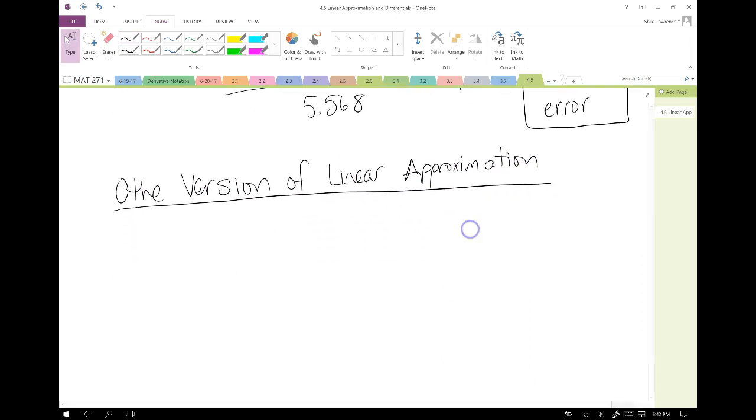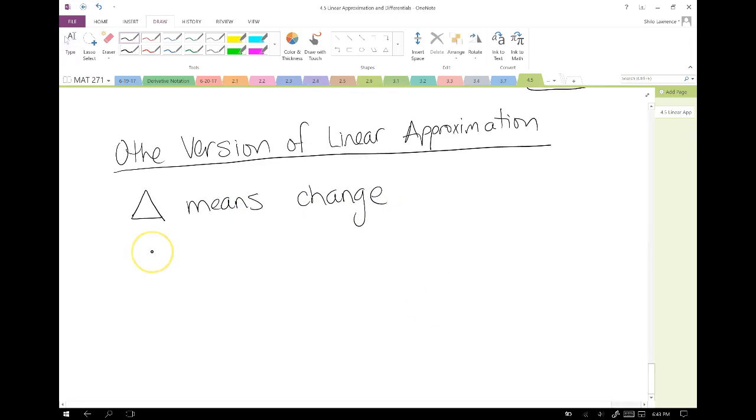So one thing to keep in mind as we do this: in math, if you see a triangle, not like in geometry where you see a triangle with sides and angles labeled, but as a math symbol, triangle means change. And usually when you're asked to find change, you do subtraction.